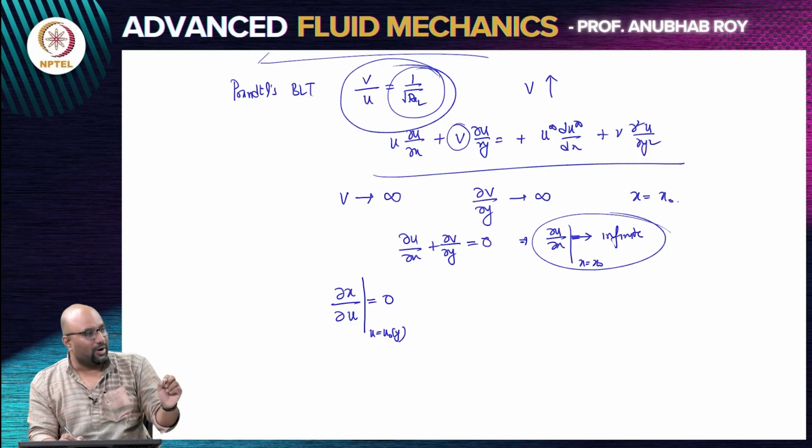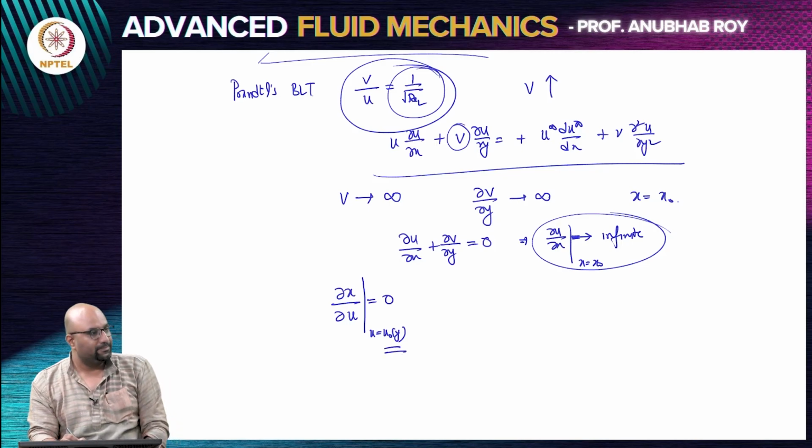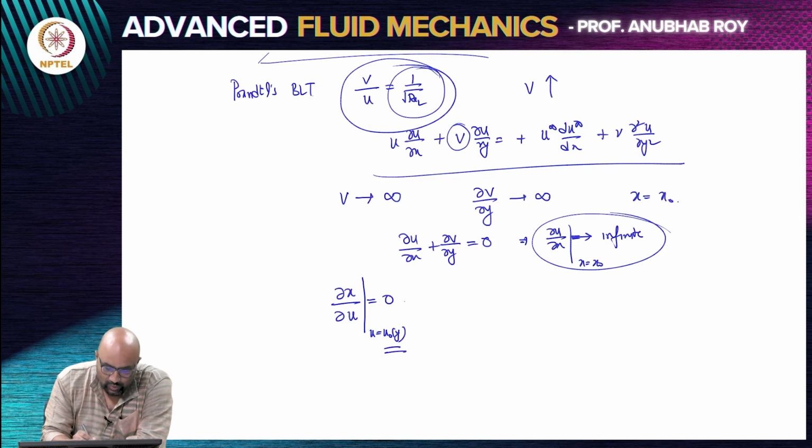So, there is some point at which the vertical velocity blows up. At that location, the streamwise velocity takes a value u naught of y at x equals x naught. So, now I am writing dou x dou u is equal to 0 at that location.